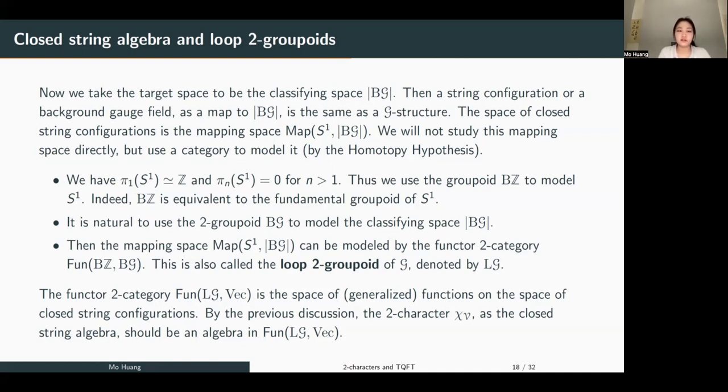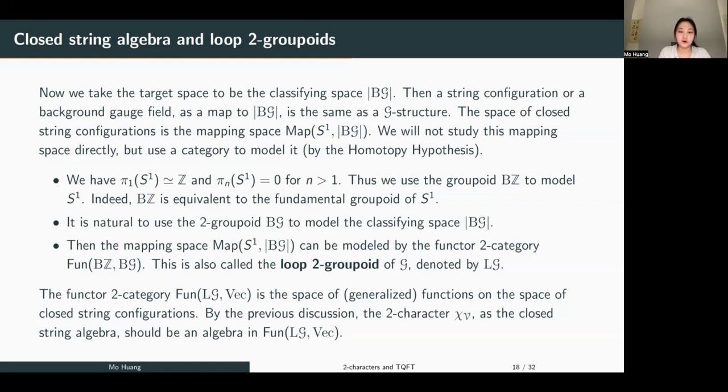We have the fundamental group of S1 is isomorphic to Z, and the higher ones are trivial. Thus, we use the groupoid BZ to model S1. Indeed, BZ is equivalent to the fundamental groupoid of S1. And it is natural to use the group groupoid BG to model the classifying space of G. Then the mapping space can be modeled by the functor category from BZ to BG.